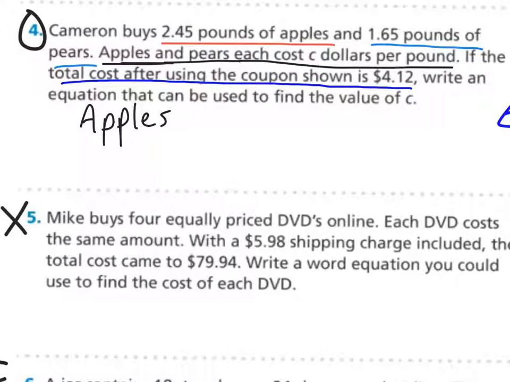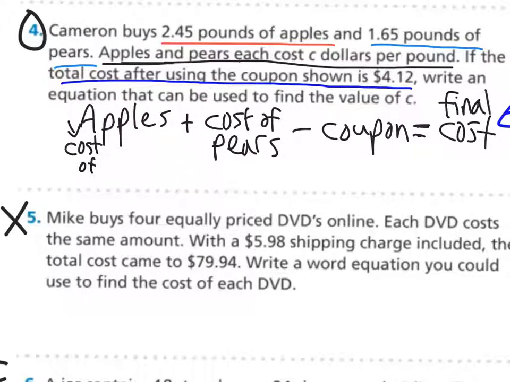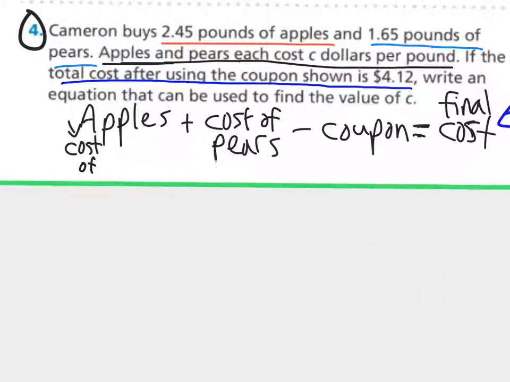Okay, so we could say cost of apples plus our cost of pears minus the coupon equals our final cost, I guess you could say. Okay, sometimes just by coming up with a general statement like that makes things a little bit easier for you then to come up with an equation.